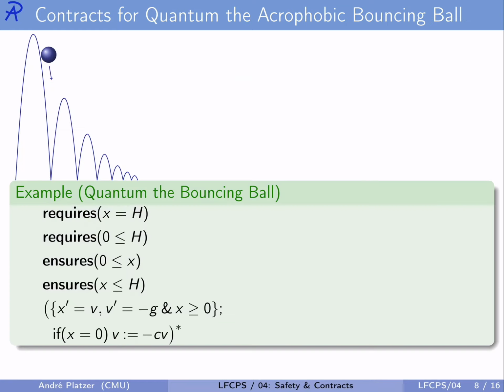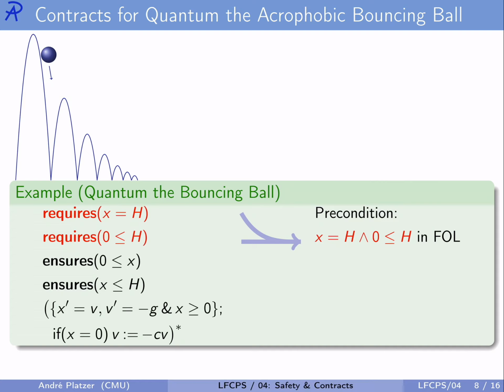Let's develop that. In our running example of the hybrid systems bouncing ball, Quantum, let's worry about how we render the preconditions in logic. Well, that should be easy. They're almost logical formulas already. For example, we could take them both together and form the logical formula x = H and 0 ≤ H, which is a perfectly legitimate formula of the logic.